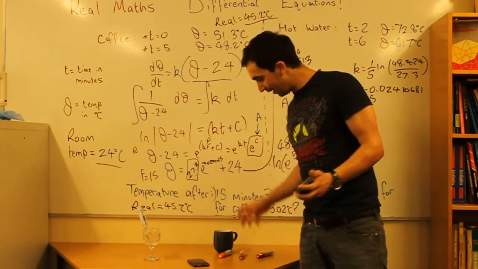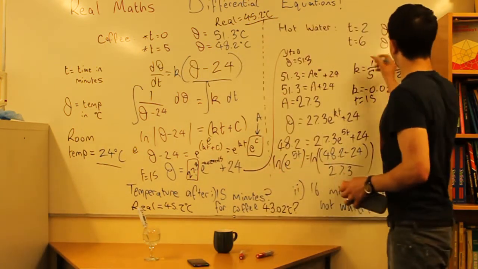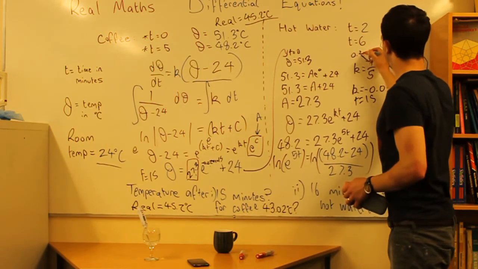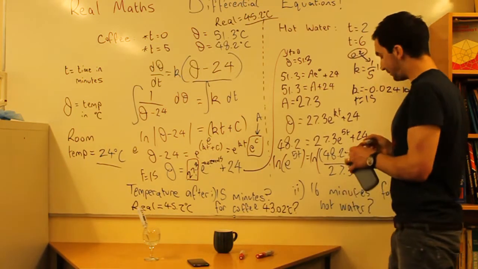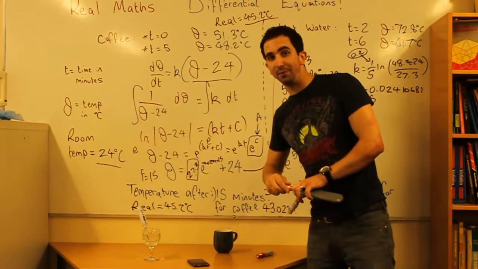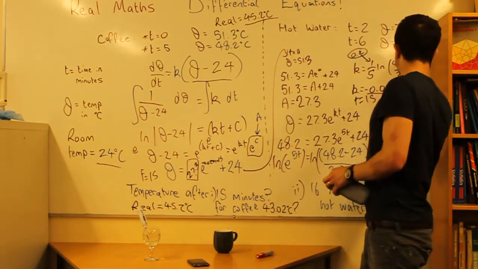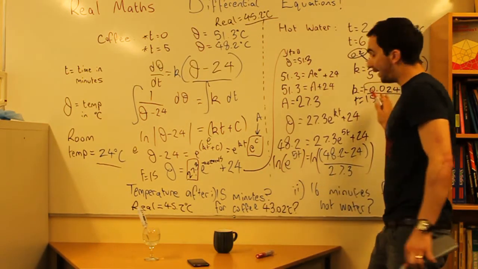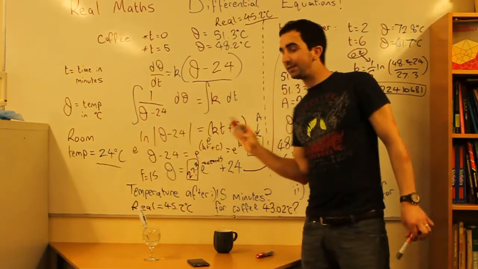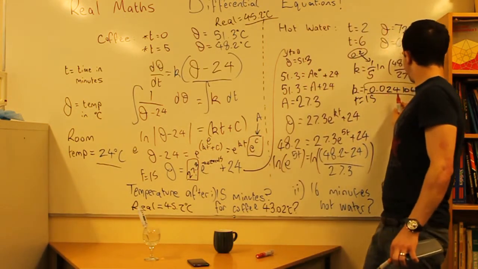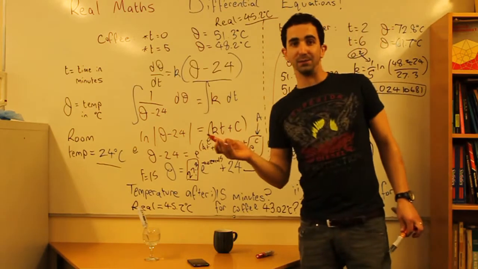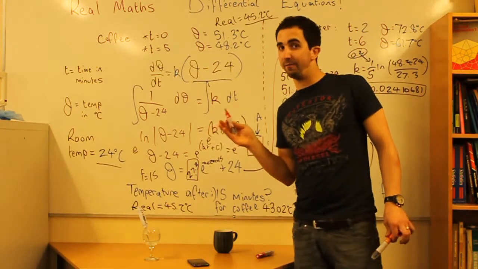Obviously 1 over 5 is 0.2. Okay? So that means that the value that was up on the screen before, 0.06 etc., was wrong. The actual value of k is minus 0.0241 to 4 decimal places, or 3 significant figures.